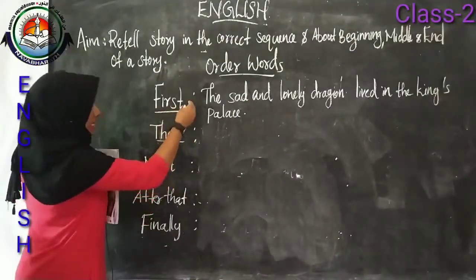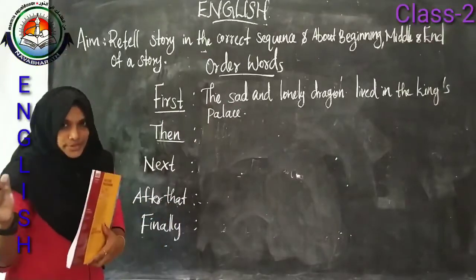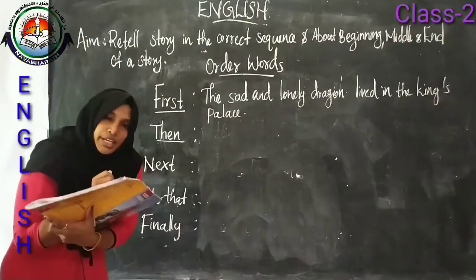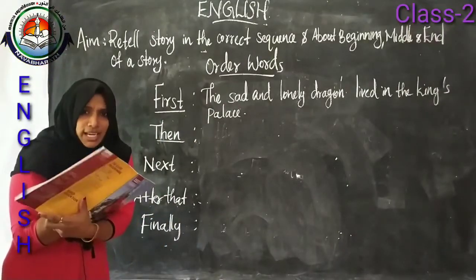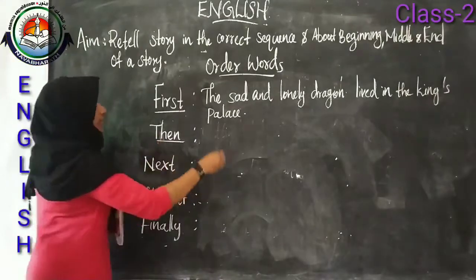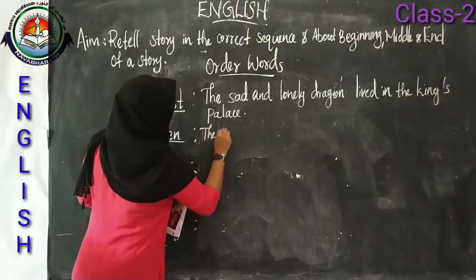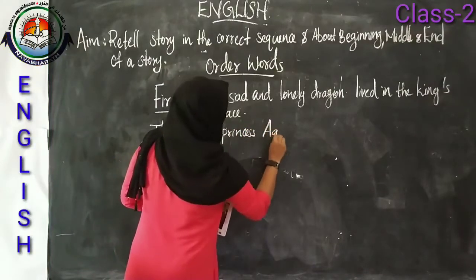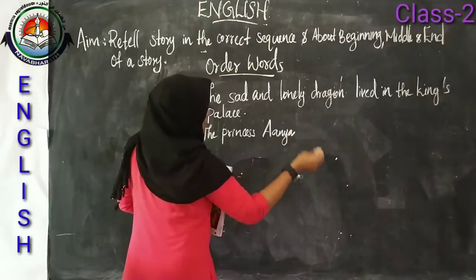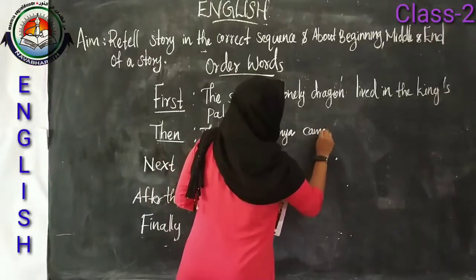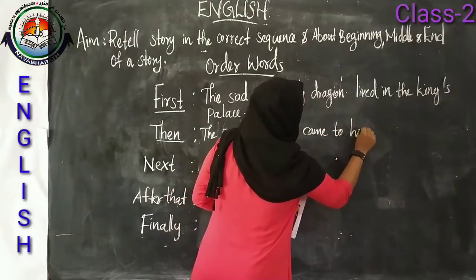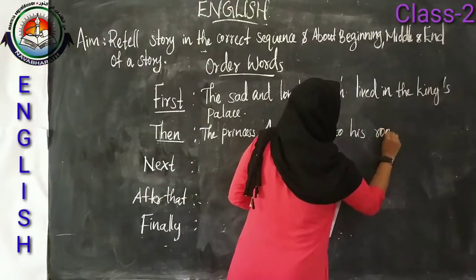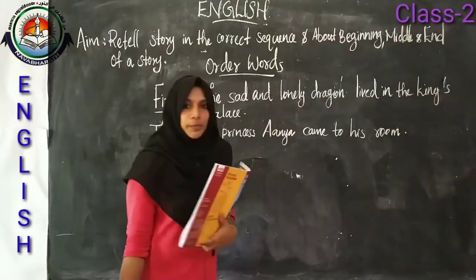So first, the sad and lonely dragon who lived in the king's palace, and then the princess Anya came to his room.